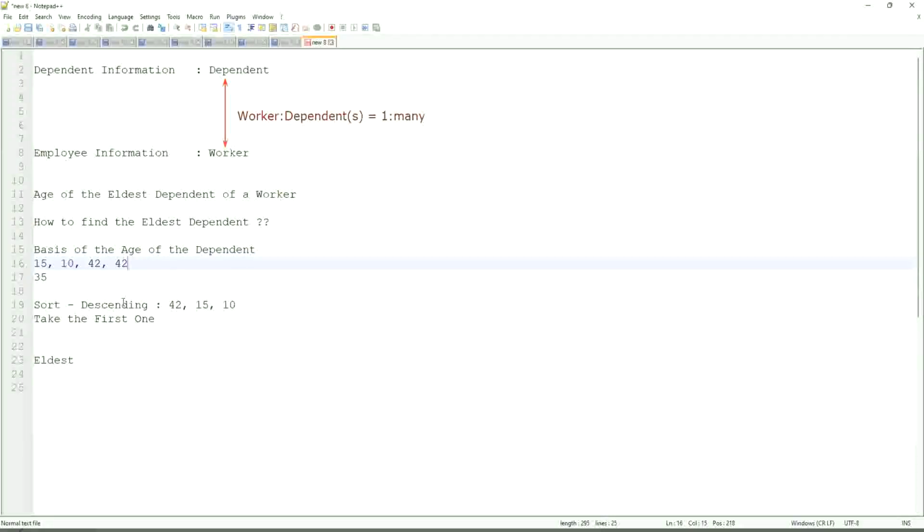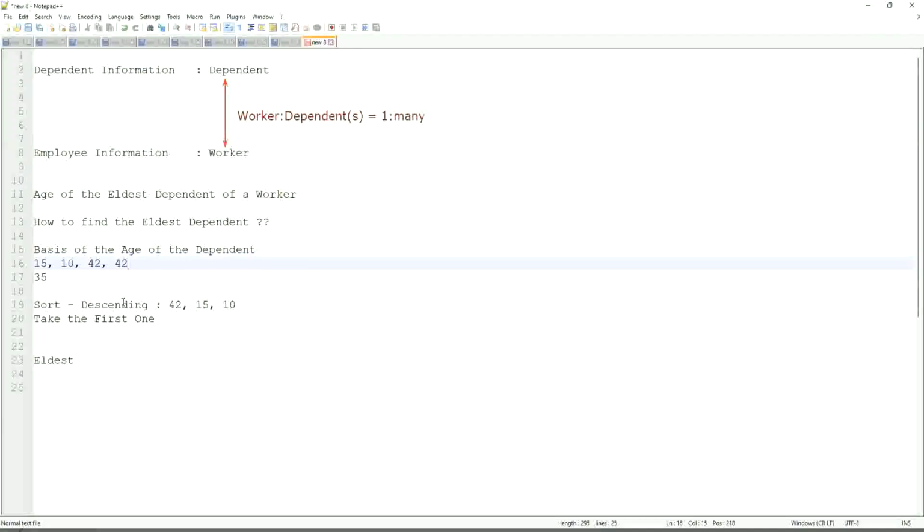But then we have to find out, is there any other way of matching or maybe of having a tie break? If there's a tie, then how to break the tie? Then we have to think of some other logic, of course. Is it based on the name or maybe the relationship?